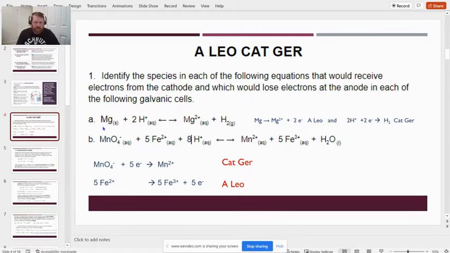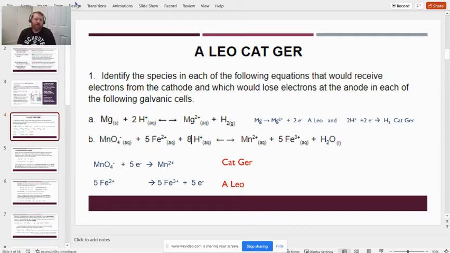Magnesium is becoming magnesium plus 2, which means it is losing 2 electrons. So if it's losing electrons, this is where oxidation is. Remember, LEO? And then the hydrogen is going from plus 1 to normal hydrogen, which does not have a charge. If you go from plus 1 to 0, no charge, you're gaining electrons.